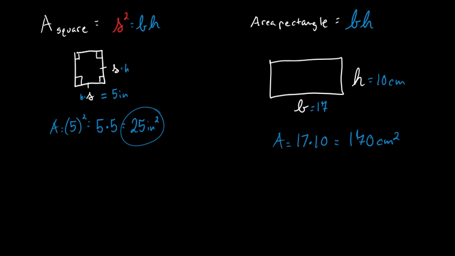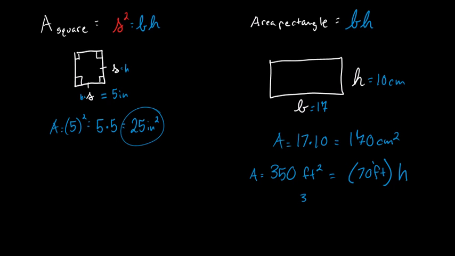As well as plugging in the bases and the heights and the sides, you need to be able to solve for a height given an area. So let's say your area is equal to 350 feet squared, and your base is 70 feet, but we just don't know what the height is equal to.